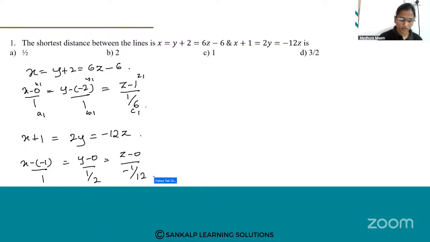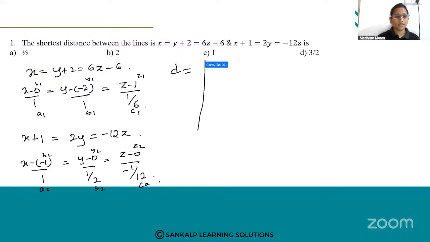So this is your x2, y2, z2. This is a2, b2, c2. Yes. So this is in Cartesian form. Shortest distance. Now look at a1, b1, c1 and a2, b2, c2. Are they the same? No, they are different. That means these are not parallel lines. So distance goes as determinant of x2 minus x1.